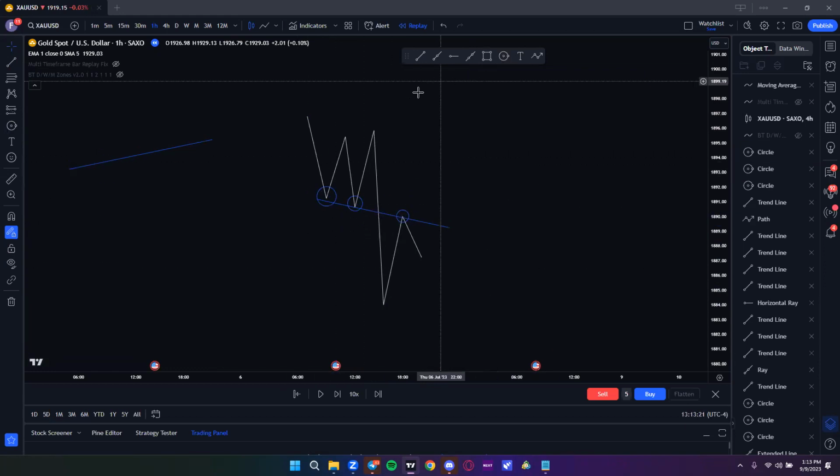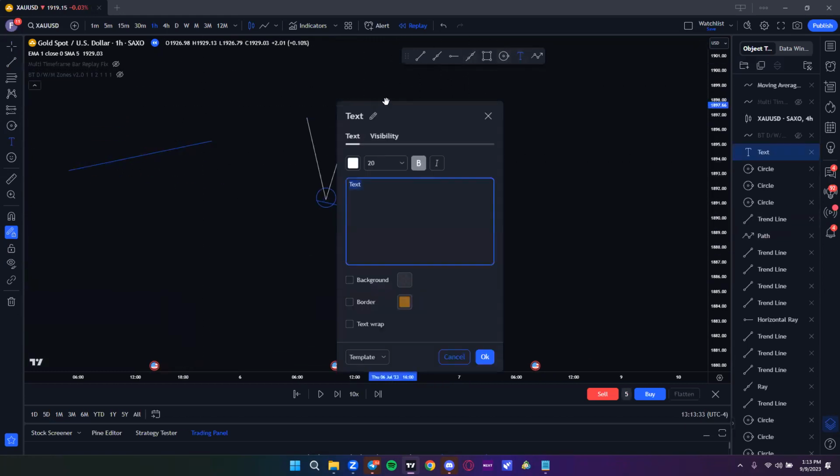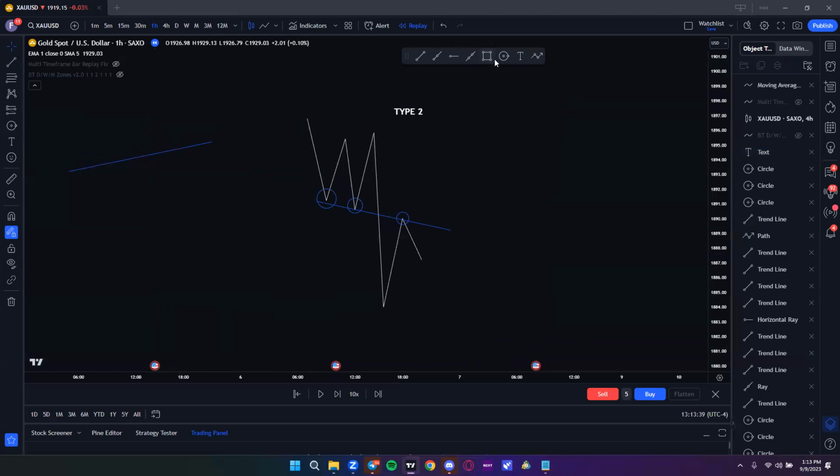Right, so this bearish example is point 1, point 2, break, point 3. This is type 2, this is type 1, just change the color. Oh no, I'll just leave it as it is.